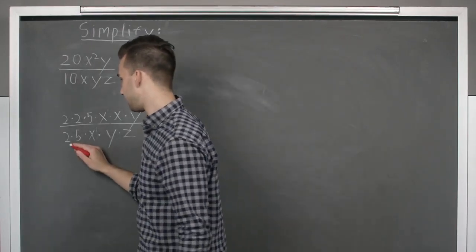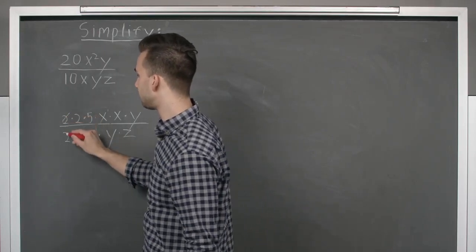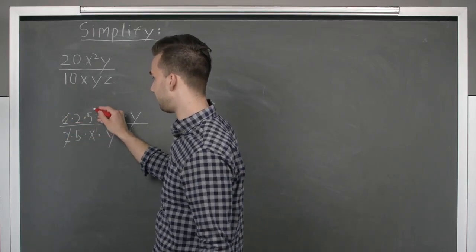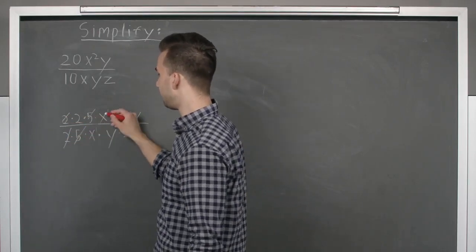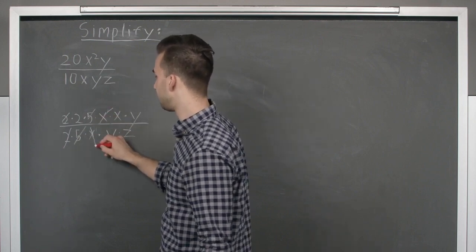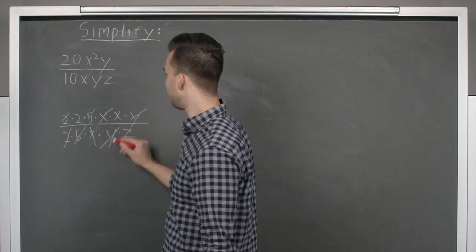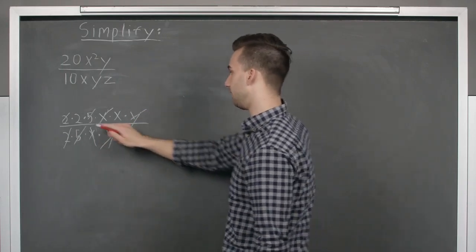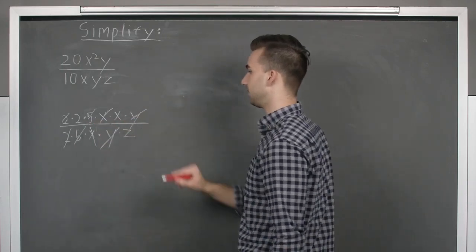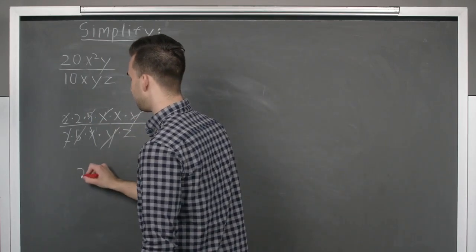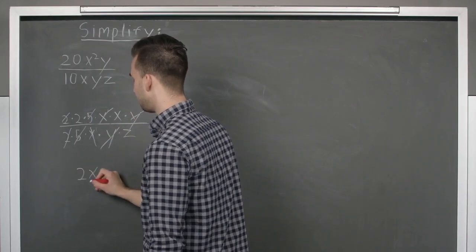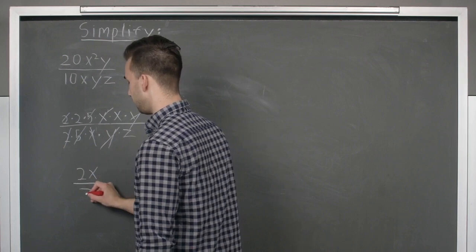But let's do that. So we have a 2 and a 2, cross that out. A 5 and a 5, cross that out. An x and an x, let's cross that out. And then we have a y and a y. So that leaves us with a 2, an x, and then a z in the denominator. So we can write this as 2x over z.